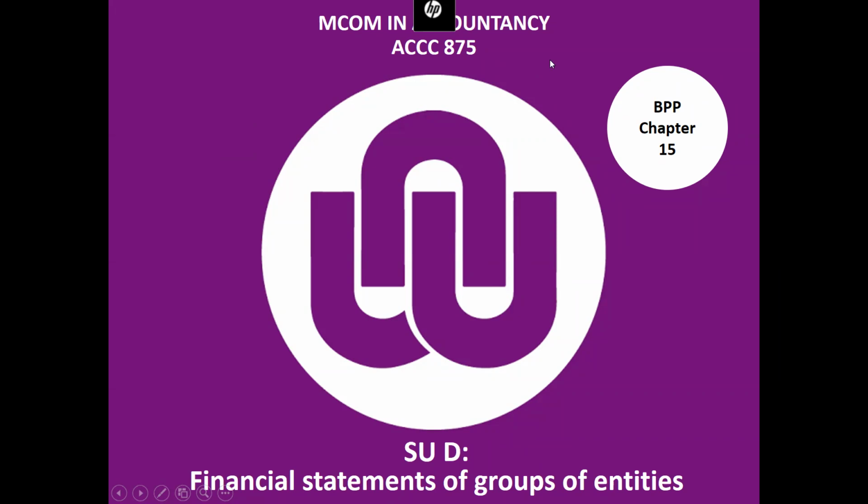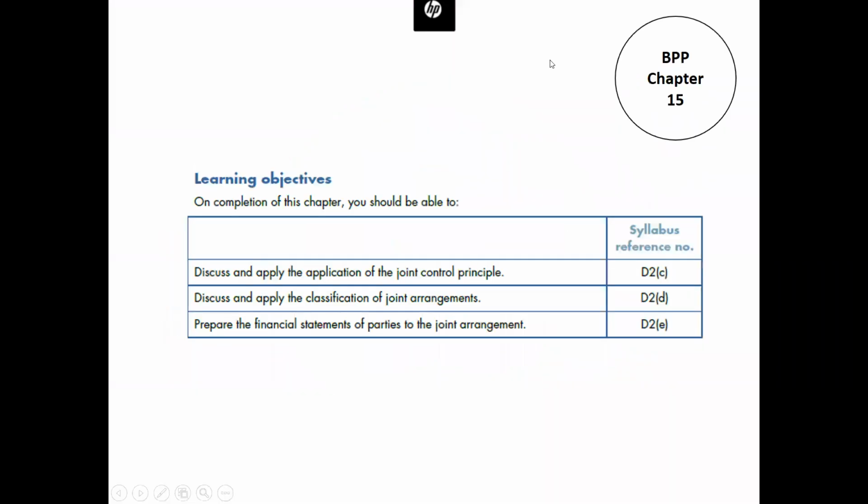Yes, we can. Okay. So what is expected of you? You should be able to apply and discuss joint control and apply and classify joint arrangements, which is either joint venture or joint operation, and then prepare financial statements for the joint arrangements, either joint venture or joint operation.